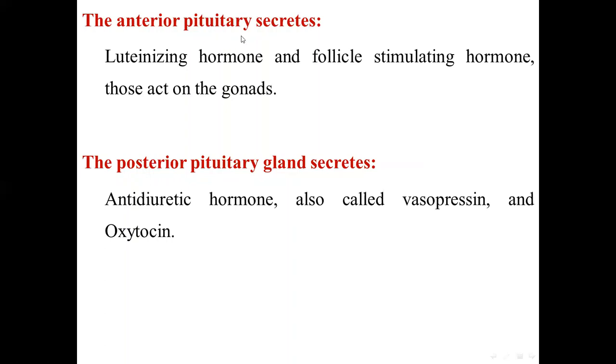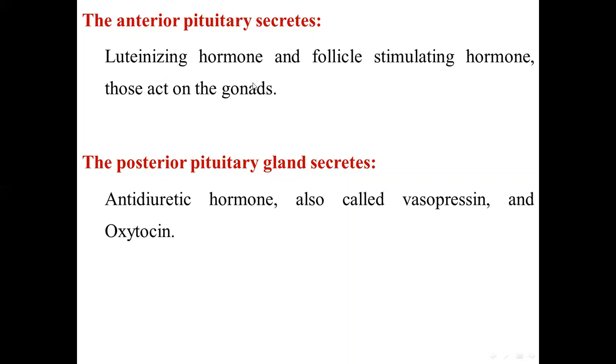The anterior pituitary is responsible for secreting some types of hormones, and the posterior secretes other types. And where do they get signals from? They get signals from the hypothalamus.